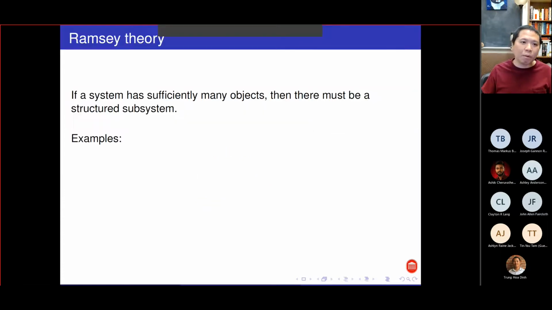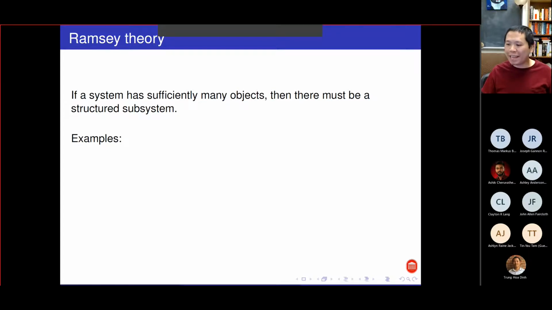So first, what is Ramsey theory? You have probably heard about it. The basic principle in Ramsey theory is that if you have a very large system, then there must be a structured subsystem. So you can always find structures if you have sufficiently many objects.